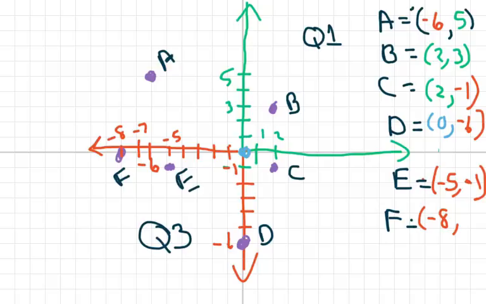So it's not in any quadrant. There's no quadrant for that. And we stay at 0, so that would be -8, 0. And that's just how you plot them. Just write down your X first. X is your horizontal, and Y is your vertical.